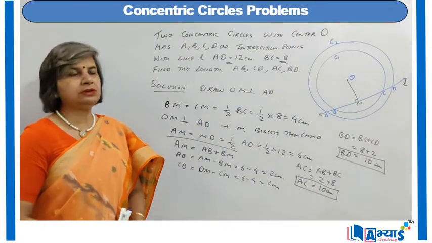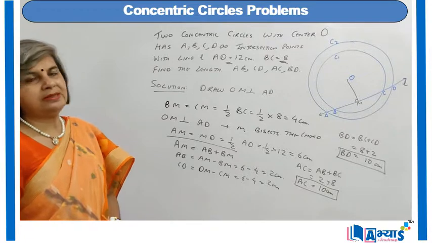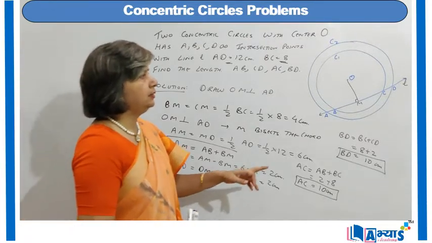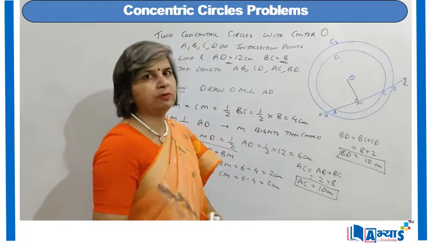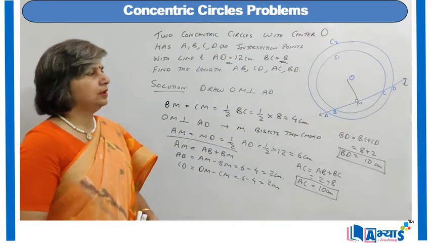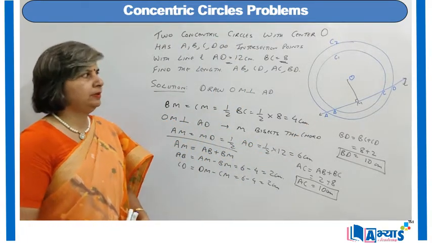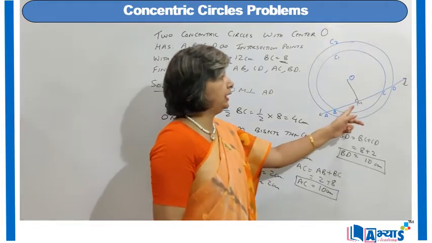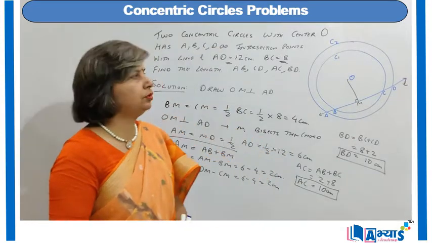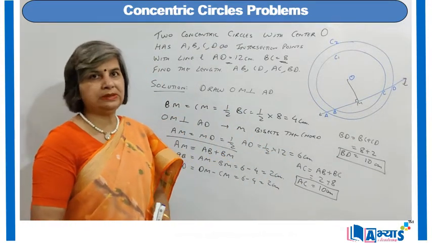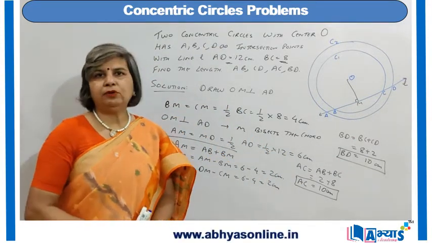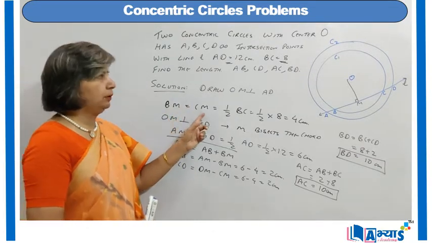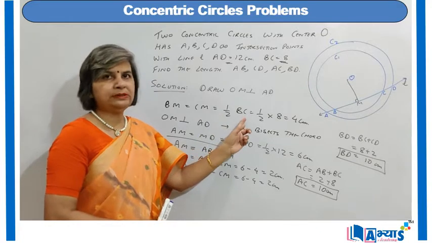So we have used the concept that the perpendicular bisects the chord, and in the case of concentric circles, the chord AD and chord BC lie on the same line L. So we have a common point M as the perpendicular. So OM is perpendicular both to BC and AD, and as the perpendicular bisects the chord, BM is equal to CM is equal to half of BC.